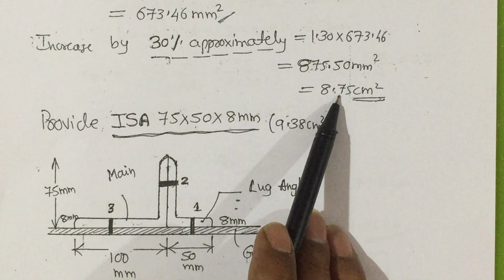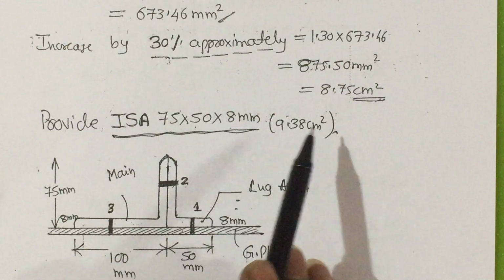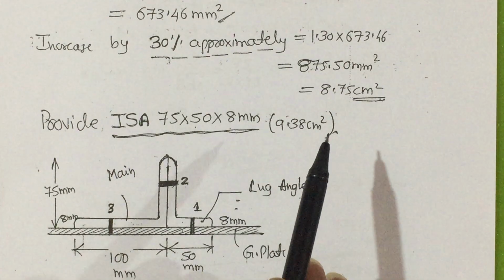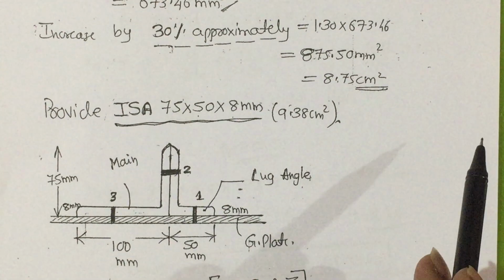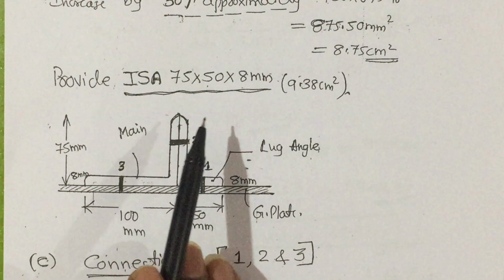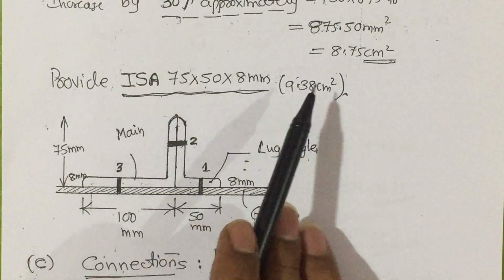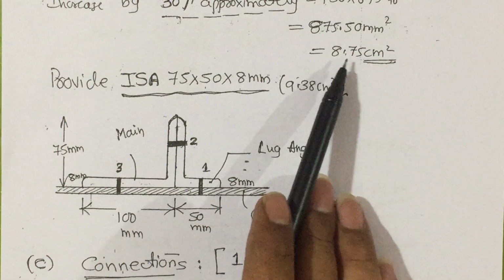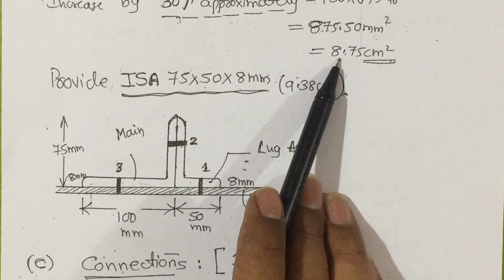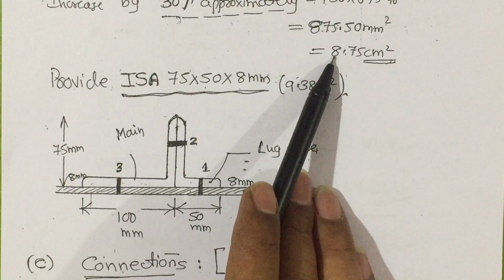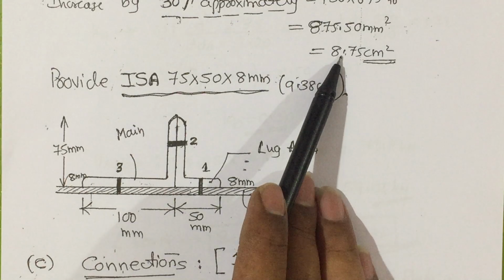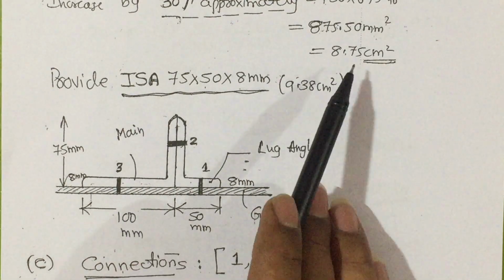Now, using this area in the steel table for the single angle section, in the unequal angle, search for the section. How to search for the section? The selected area should be more than this required area and it should be near to this one.